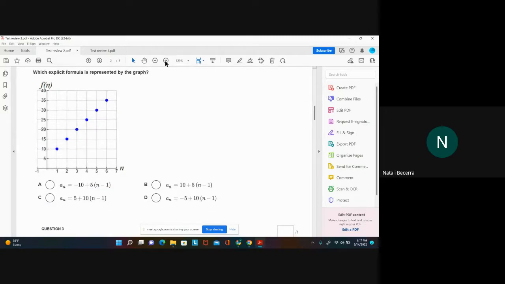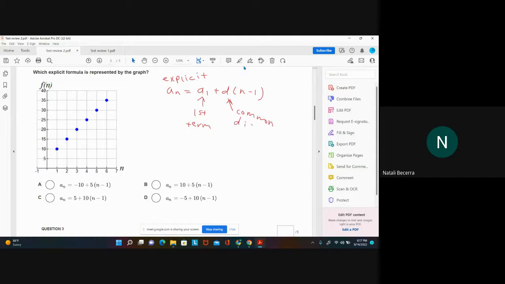All right, which explicit formula is represented by the graph? So the explicit formula for arithmetic, I think we went over this last time I saw you guys. You're going to have a1 plus d parentheses n minus 1. Your a1 is going to be your first term. D represents the common difference.